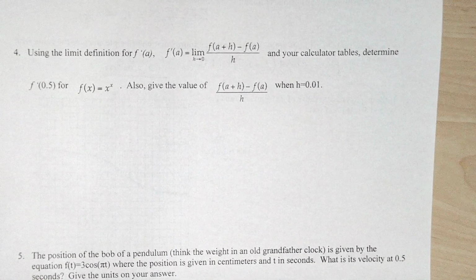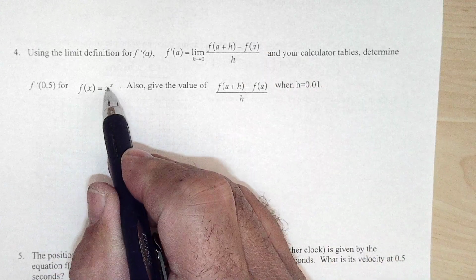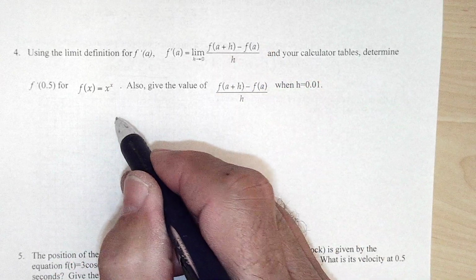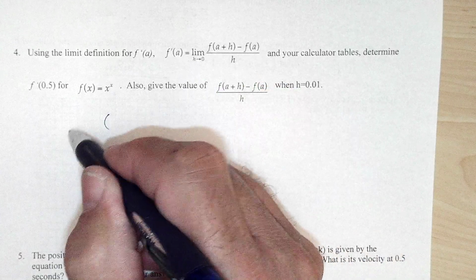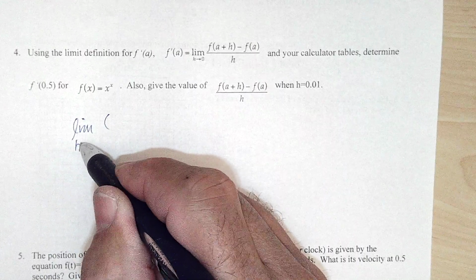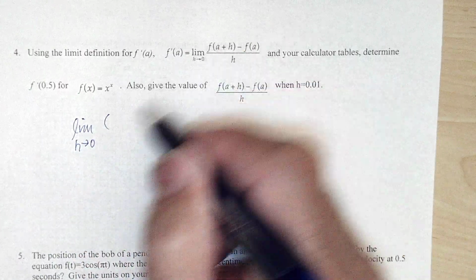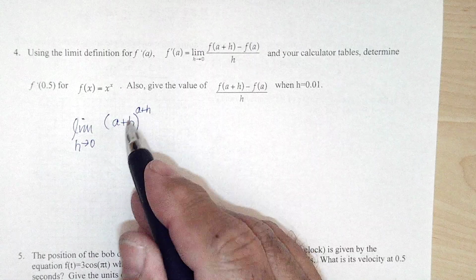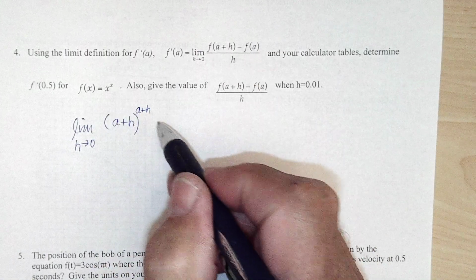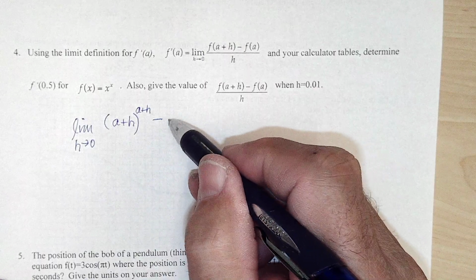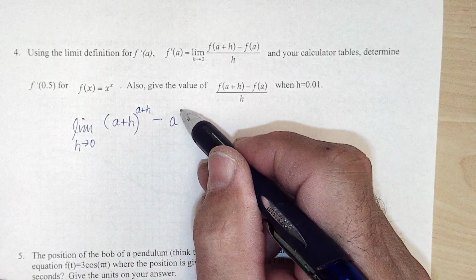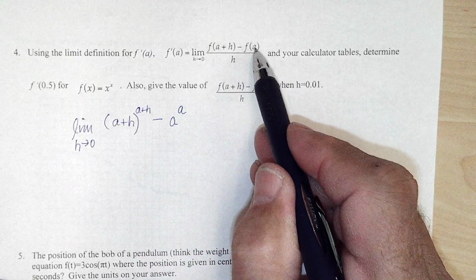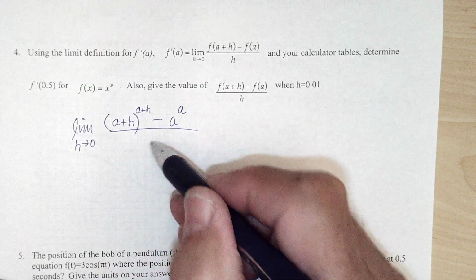Use this limit definition to determine f prime at 0.5 on f of x equals x to the x. So we're going to have to go the limit as h approaches 0 of a plus h to the a plus h, because we're going to use a plus h for the x, minus a to the a, because that's what f of a would be, over h.